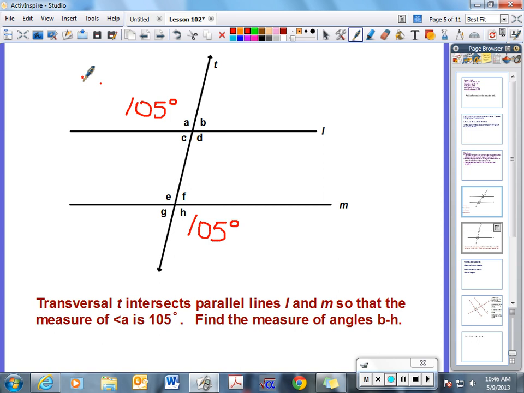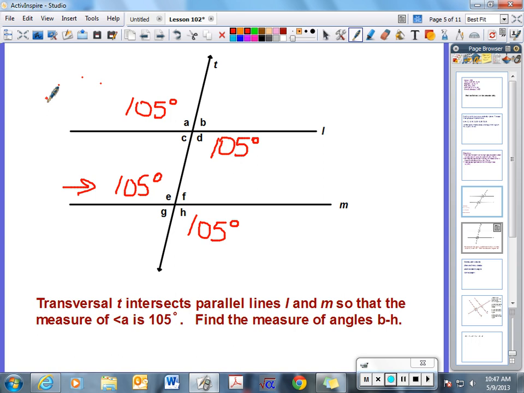How about the corresponding angle to A? Well, A is in the top left of this group at the top, so angle E would be corresponding, which would also be 105 degrees. If I know that E is 105 degrees, the alternate interior partner to E would be D, because it's on the inside of the parallel lines and that's on the opposite side or the alternate side of the line.